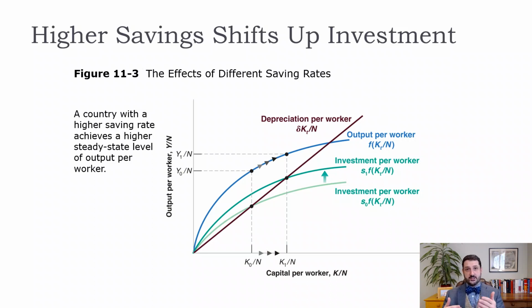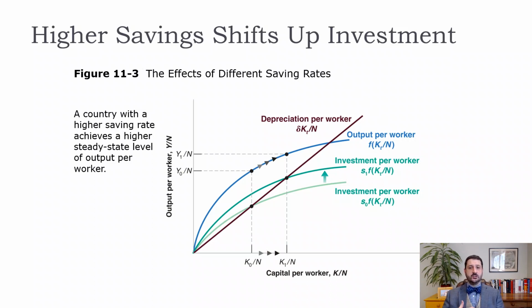So next year's capital per worker is higher than this year's capital per worker until we get to our new equilibrium, our new steady state. And so our new steady state has higher capital per worker and higher output per worker. And so we do grow for a while, right? We're going to grow while we are moving from K0 over N to K1 over N.